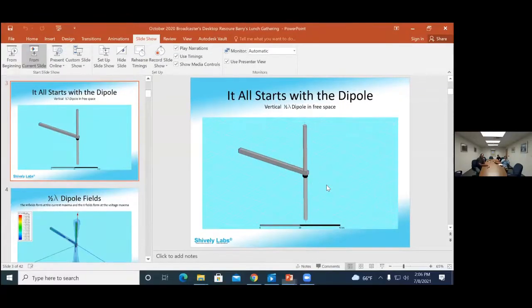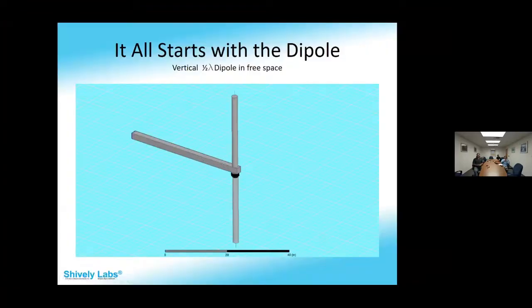All right. So then we were talking about how it all starts with the dipole, but when we're talking about isotropic radiators, that's where it really starts, with the spherical radiation of an idealized radiator.